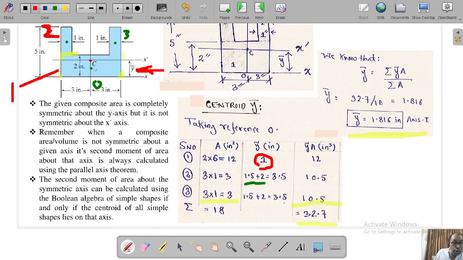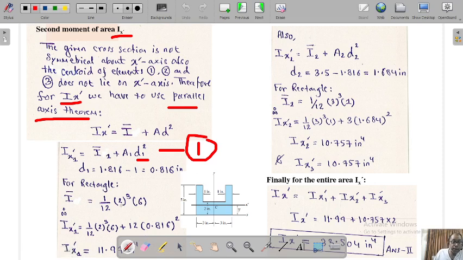Just to remind you, this is the centroid of the rectangle, and this is the centroid of the whole system. So we already know the formula. Because you are calculating about the x-axis, it will be 1 by 12 into the height, which is 2 cubed, and the width of this rectangle is 6.